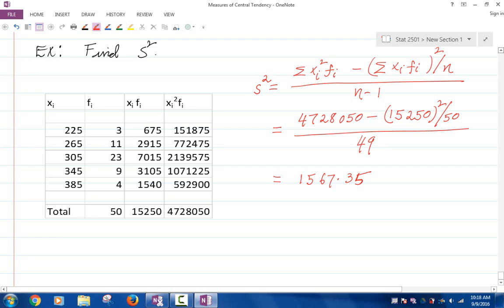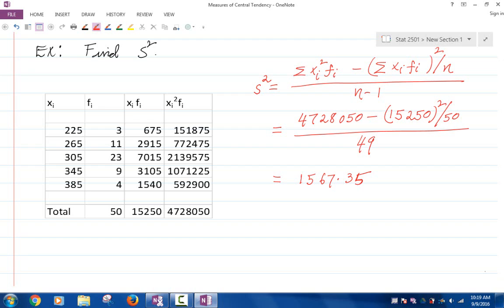Now, if you look into the formula, you will see that in the numerator, the first term is the sum of the product of xi and fi, right? So what I'm going to do is calculate xi times fi. Each observation will be multiplied by its frequency.